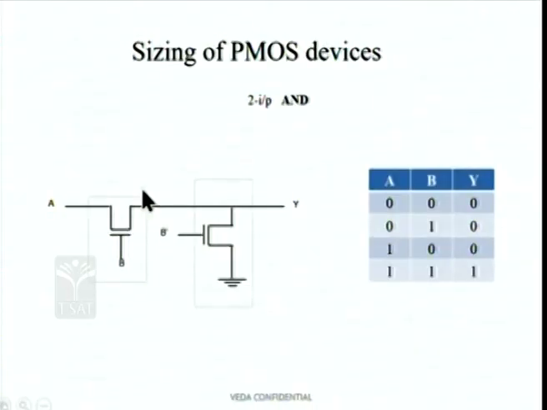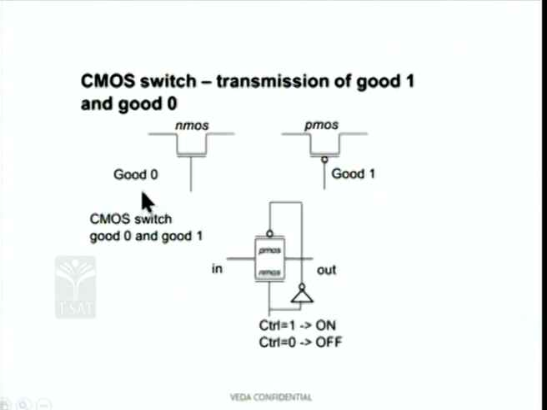Okay, so this is where we are, and now coming once again to the last thing I will say: because NMOS is a good transmitter of 0 and PMOS is a good transmitter of 1, a CMOS switch is made by having a parallel connection between an NMOS device at the bottom and a PMOS device at the top, in which their gates are controlled by complementary values.